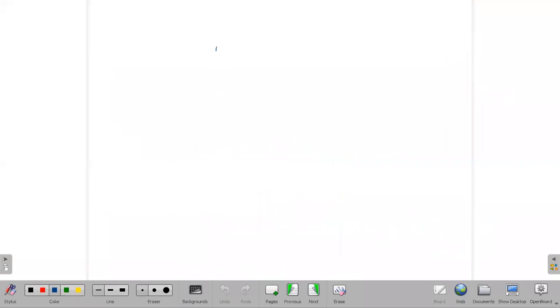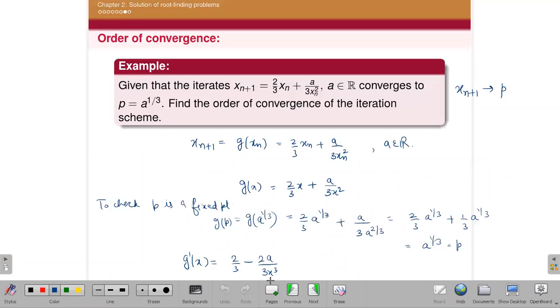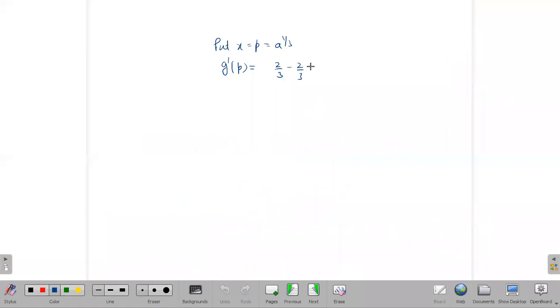Yes, ma'am, 0 will come. So g dash at P is 2 by 3 minus 2 by 3. Actually, it is a raised to power 1 by 3. If you put a raised to power 1 by 3 here, it will be a only. So 2 by 3 will cancel with a. So it will be 2 by 3 minus 2 by 3, so it is 0.